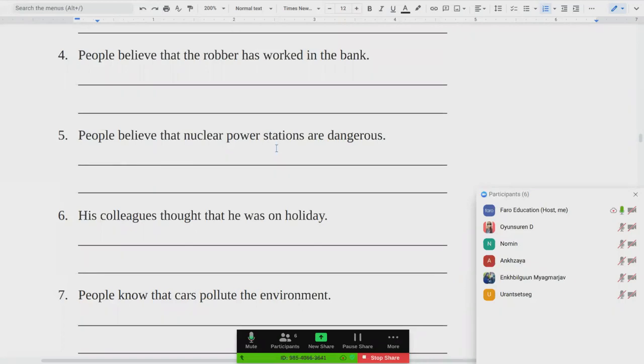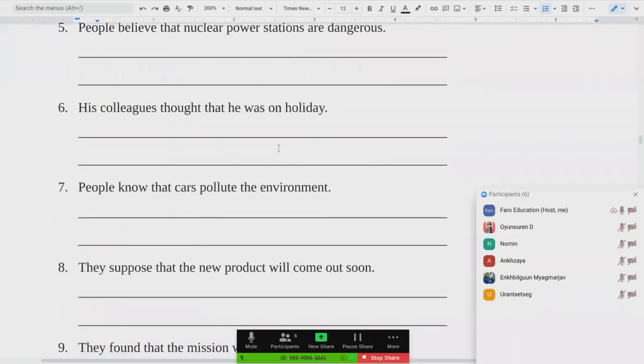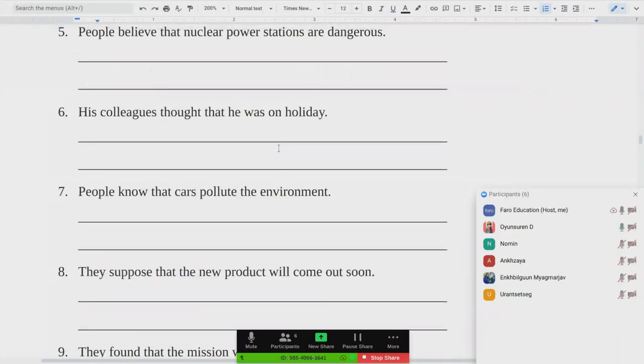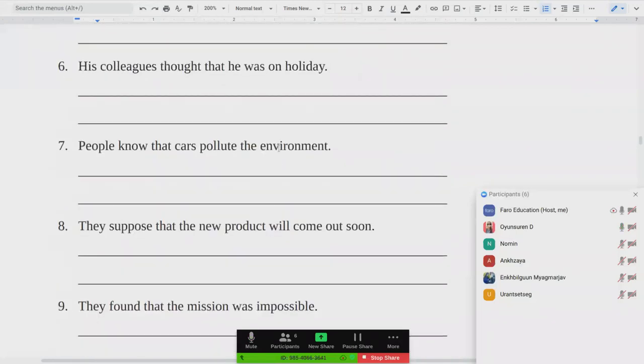За 6. His colleagues thought he was on holiday. It is thought that he was on holiday. Personal: he is thought to be on holiday.